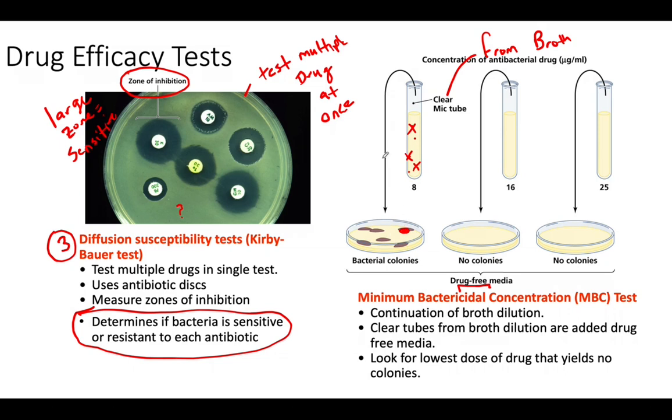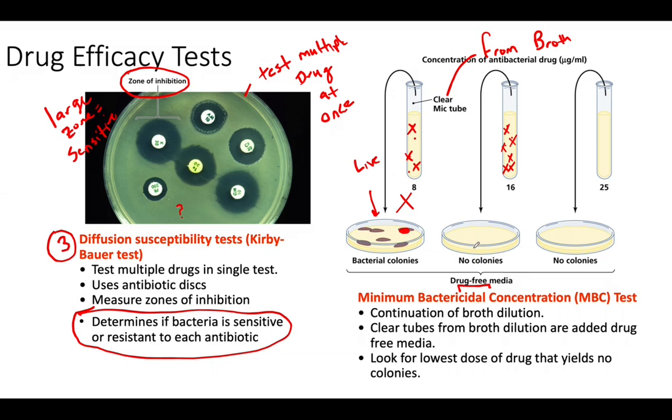Okay, so this still has some live cells in it because it's yielding colonies, and so this dose doesn't kill all the bacteria. So same thing here, there's some bacterial cells in here, but if the dose is high enough to kill all the bacteria, the way that we detect that is when we put it onto this drug-free media full of nutrients.